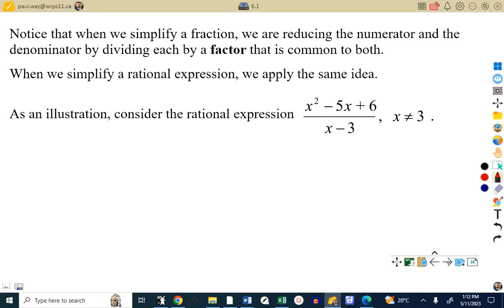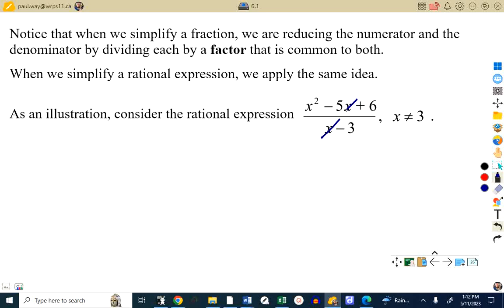If I said to you, simplify this rational expression, can somebody explain why I am not allowed to do that? Right.